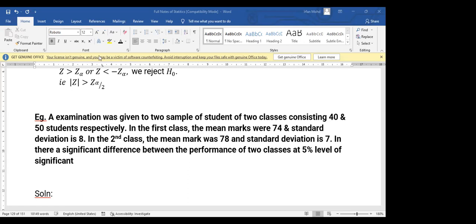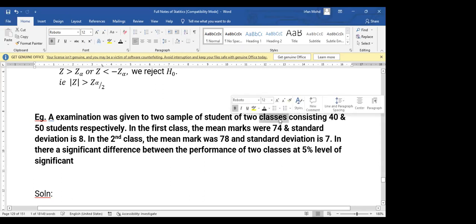Guys, start writing what is given data for you. Let me explain one by one. So an examination was given to 2 samples of students. There are 2 different types of sample students, 2 classes, consisting of 40 and 50.